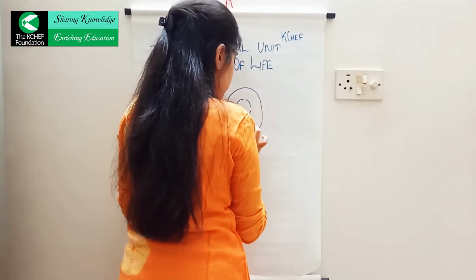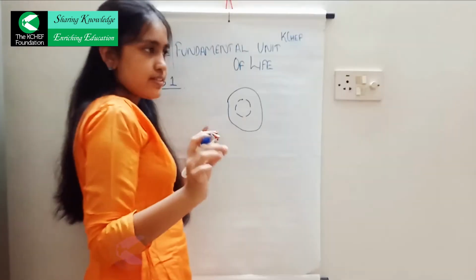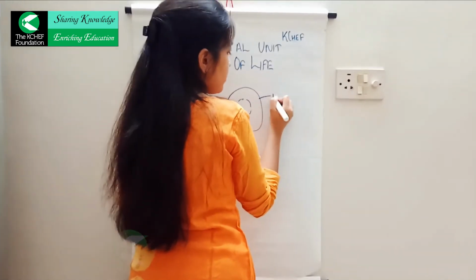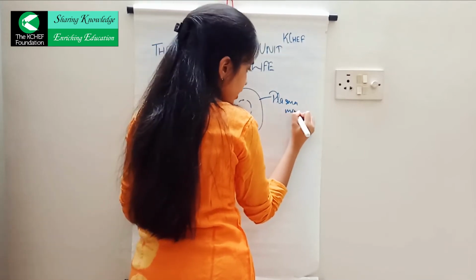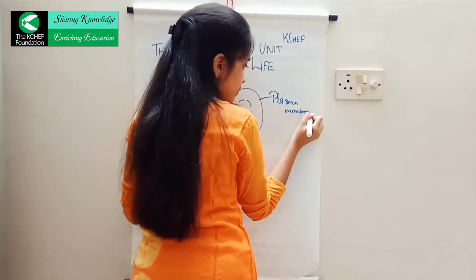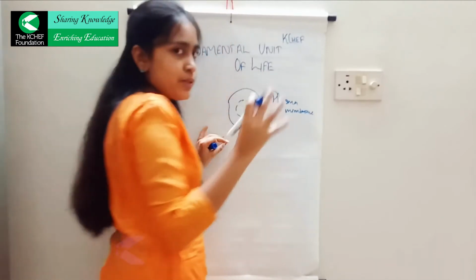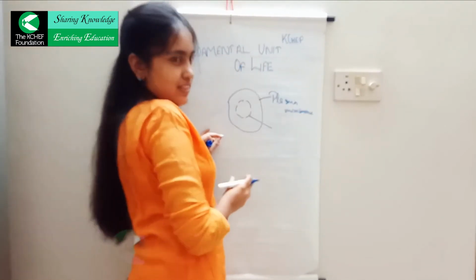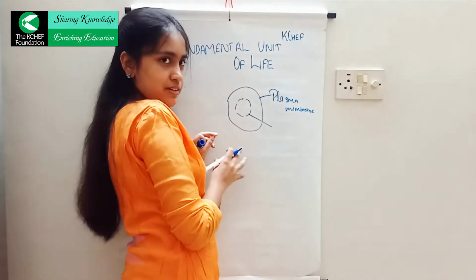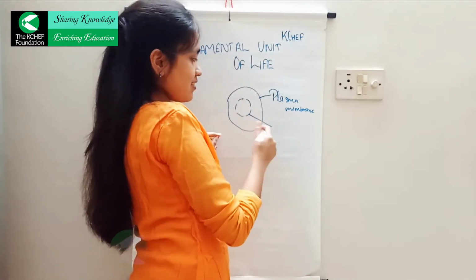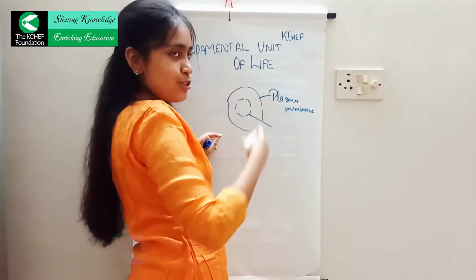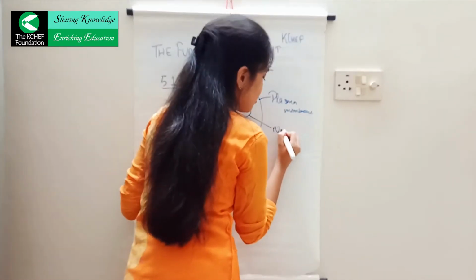So the 3 basic features that every cell has. One is the outermost covering of the cell, which is called as plasma membrane, and it's also known as cell membrane. The other is a sphere inside a sphere, that is a small sphere inside a sphere, that is a cell. It need not be a sphere, okay? So it's something inside in the center of the cell and it's called as a nucleus.